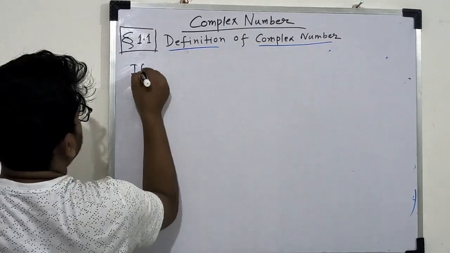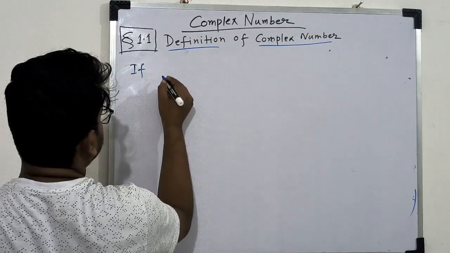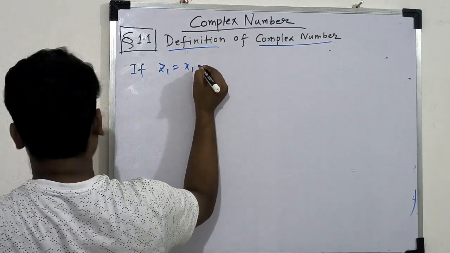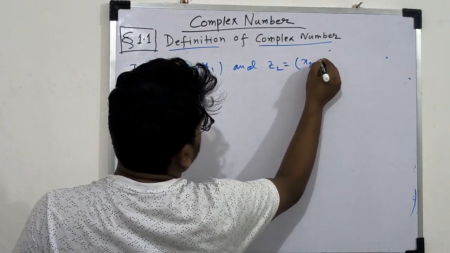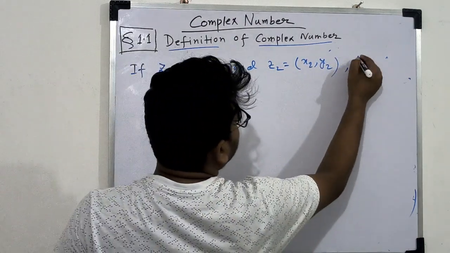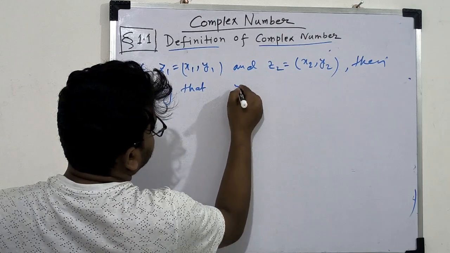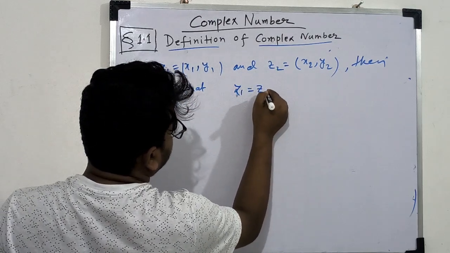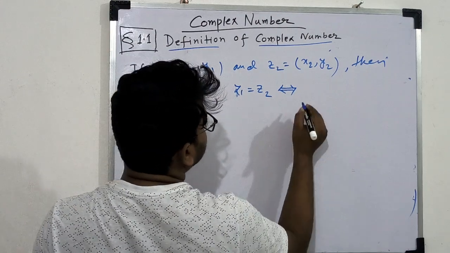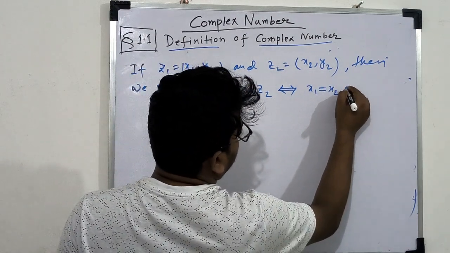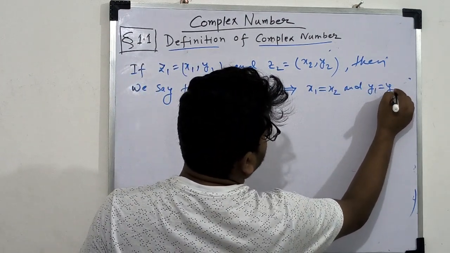So we can say if z1 equals (x1, y1) and z2 equals (x2, y2), then z1 equals z2 if and only if x1 equals x2 and y1 equals y2.